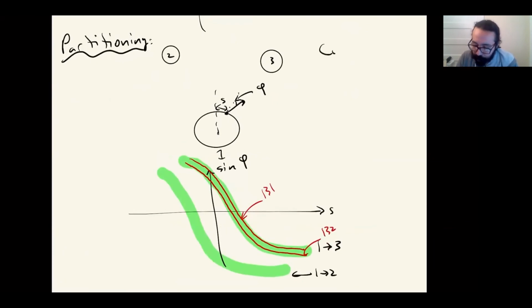As part of our counting, we could say how many topologically distinct trajectories are there? How many topological classes of trajectories are there for, say, n bounces? Then it turns out you get 2 to the n, right? This grows exponentially. So the number of periodic orbits grows exponentially in the number of bounces you're making.